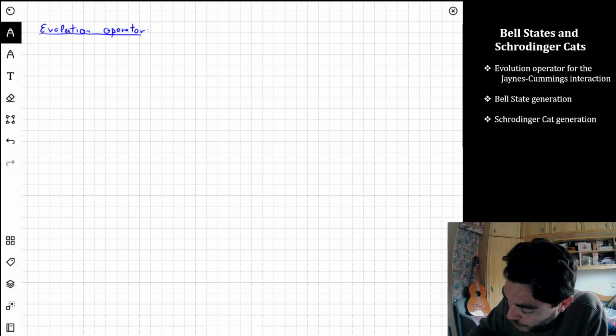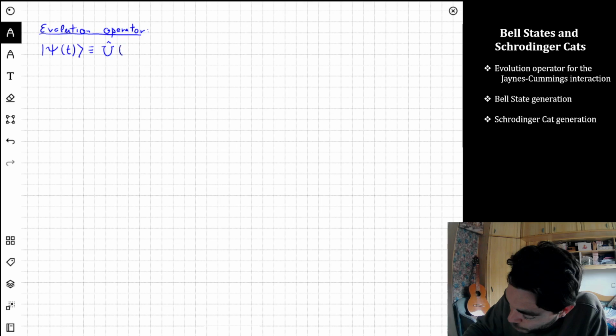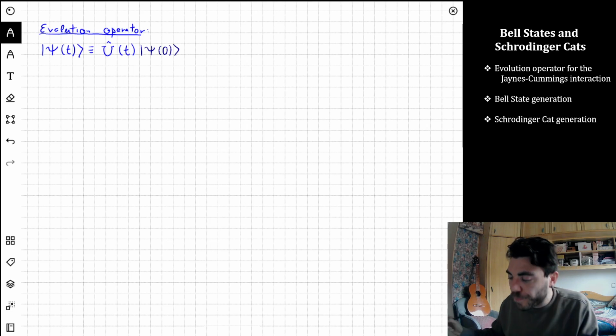So if you are in the Schrodinger picture, the wave function at time t is defined as some unitary evolution operator U of t applied on the wave function at time 0. Right?